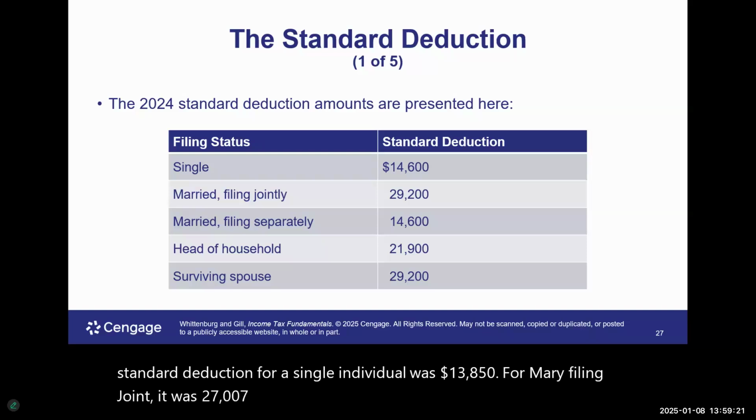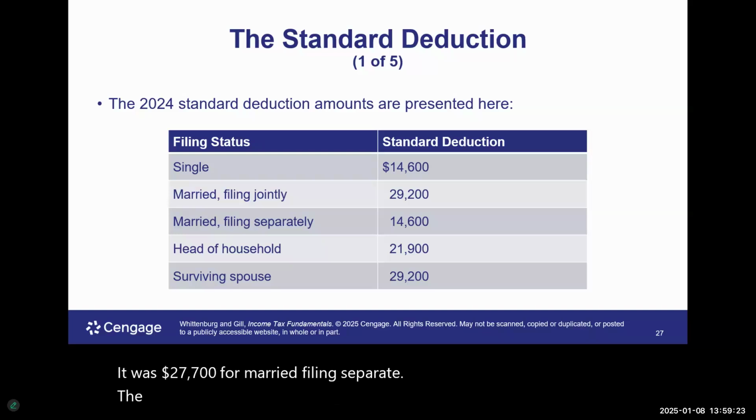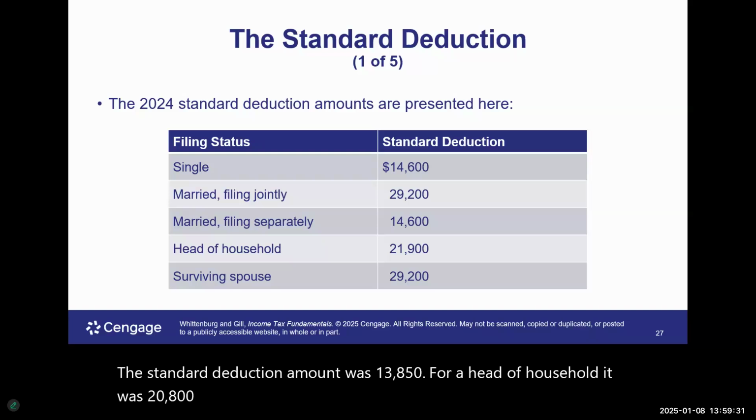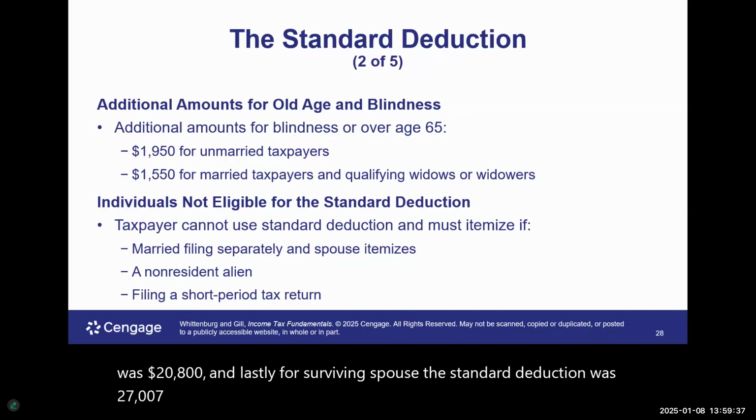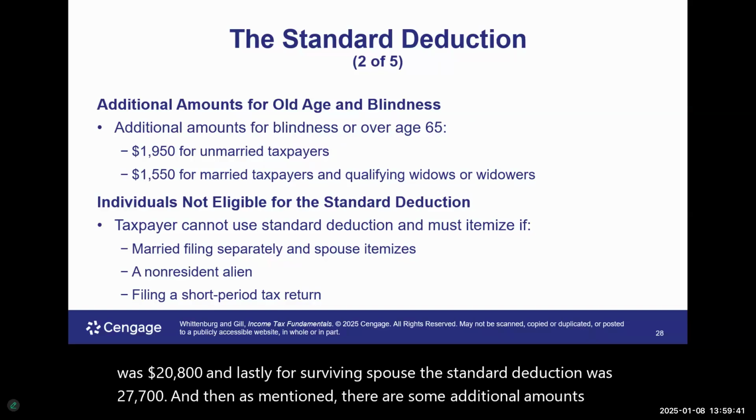For married filing separate, the standard deduction amount was $13,850. For a head of household, it was $20,800. And lastly, for surviving spouse, the standard deduction was $27,700. And then as mentioned, there are some additional amounts for old age and blindness.